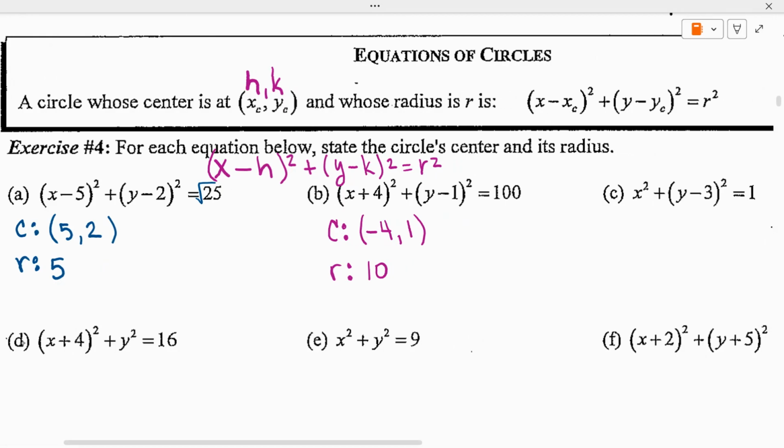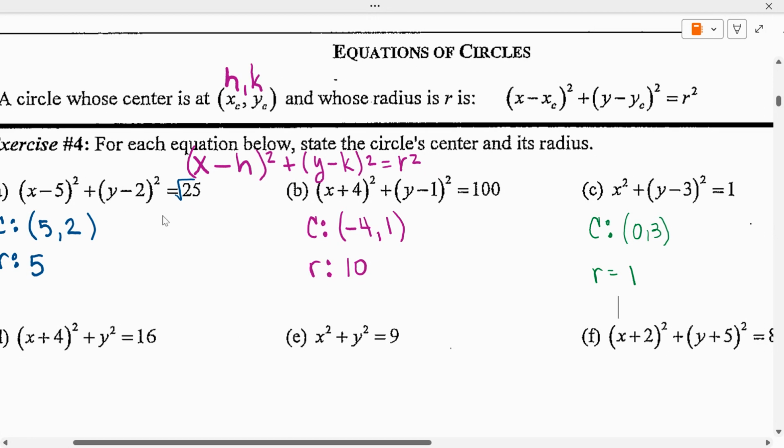Let's look at this next one. What is the center? (0, 3). And what is my radius? 1. Yep, 1 squared is 1. Square root of 1 is 1. Good job. Good.